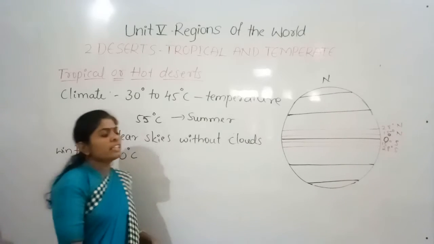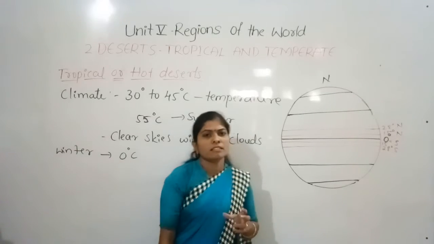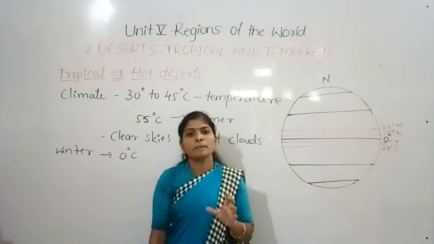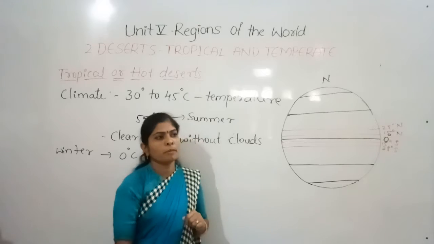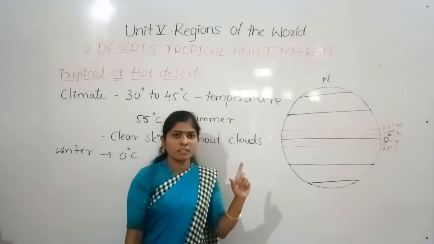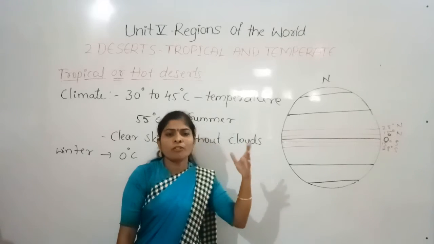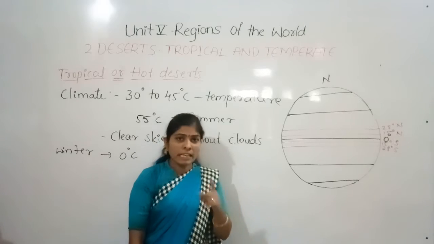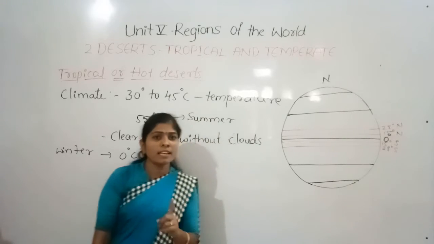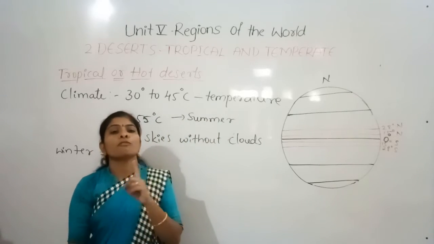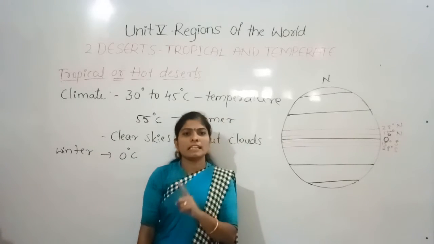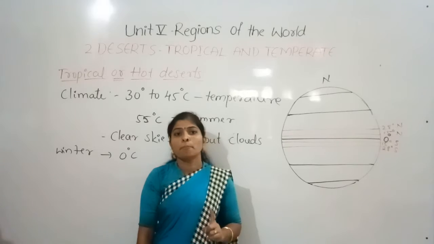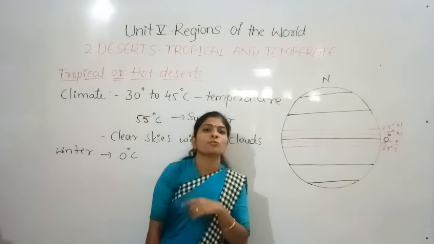And here there is a very large difference between the day and night temperatures. One thing you have to remember: the hot desert does not mean it is hot the whole day. The daytime in the desert is very hot, but in the night it is cold.